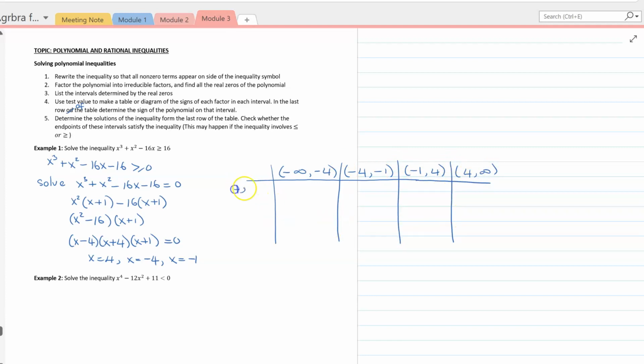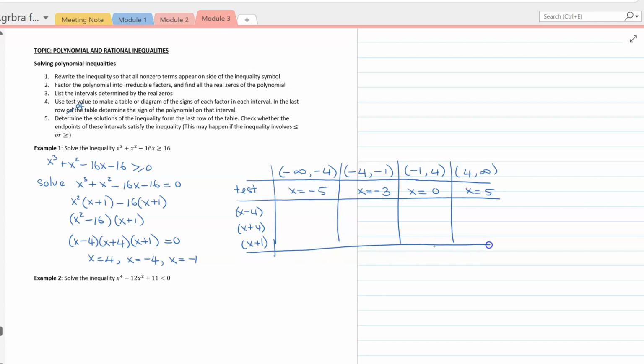The test values, say x equal negative 5, x equal negative 3, x equal 0, x equal 5, and our factors are x minus 4, x plus 4, and x plus 1. And we reserve the last row for our result.